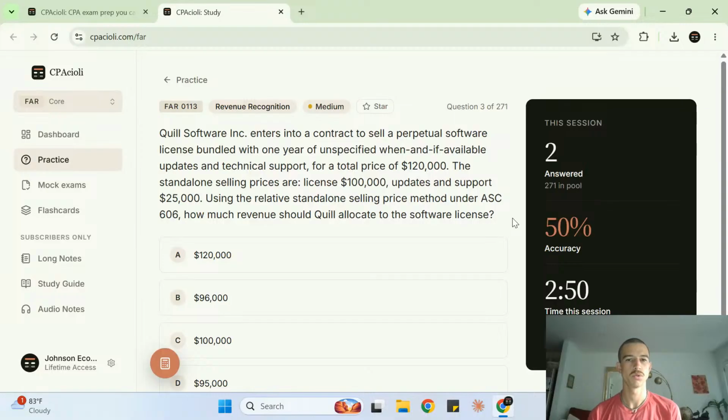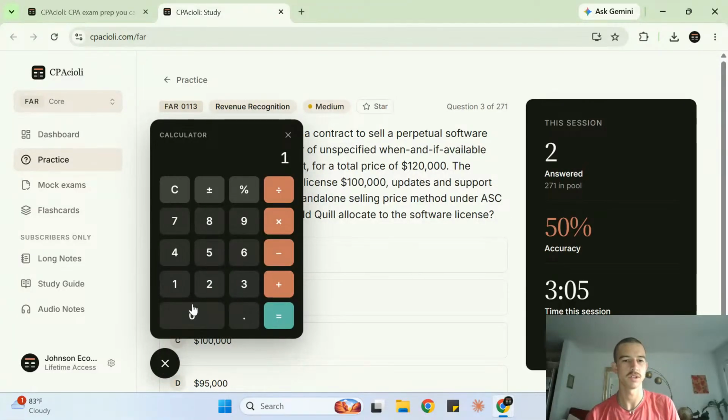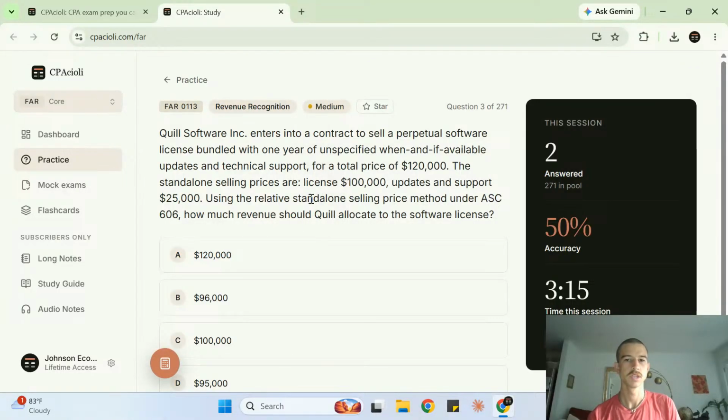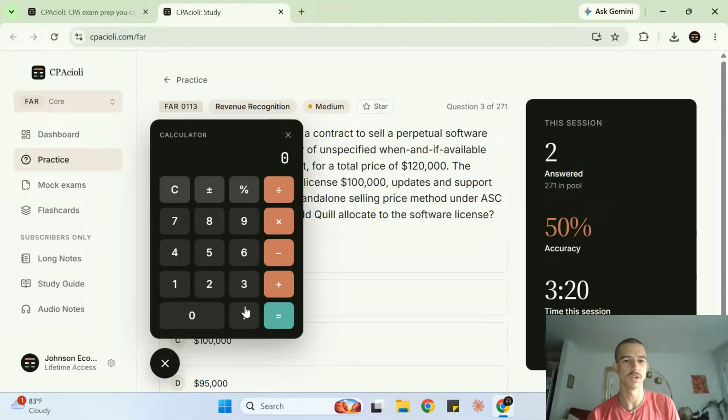So I believe it would be 100 divided by 100 plus 25, which is 100 divided by 125, which I believe will be 80%. Let's see. Yeah, so 20%, 80%. And then 80% times the 120.